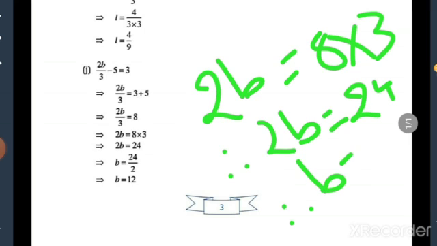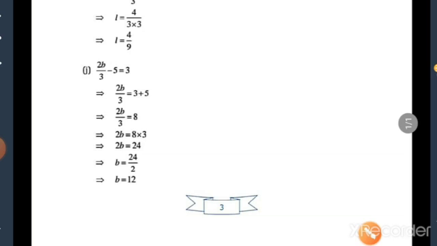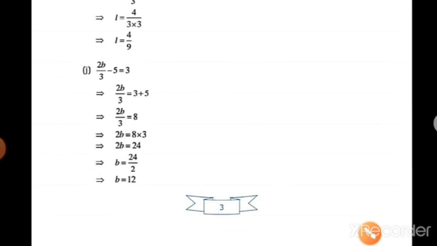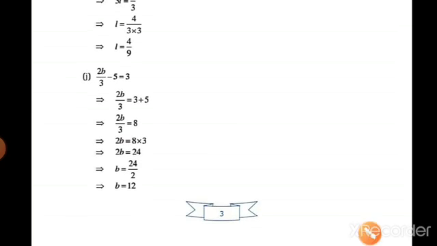So b is equal to 24 upon 2, because here 8 3s are 24. Here you can see that 2 is multiplied with the b.